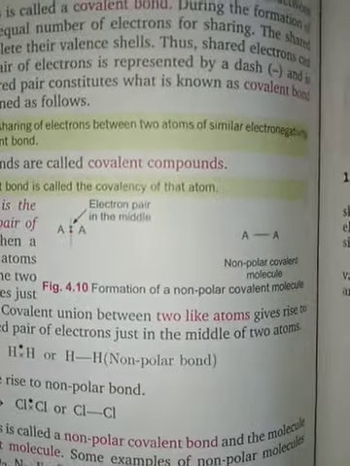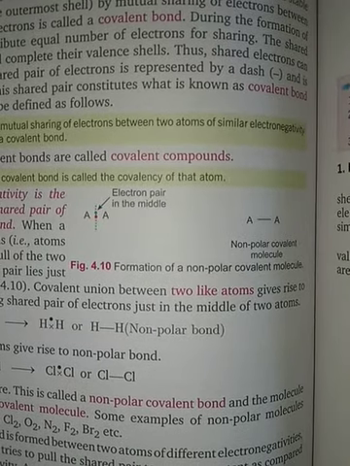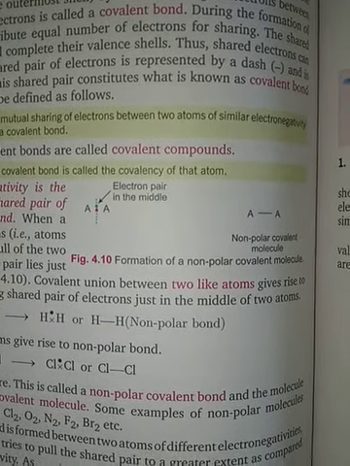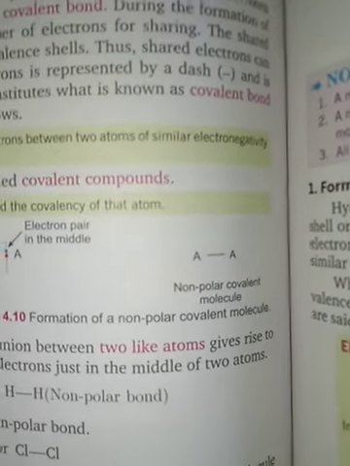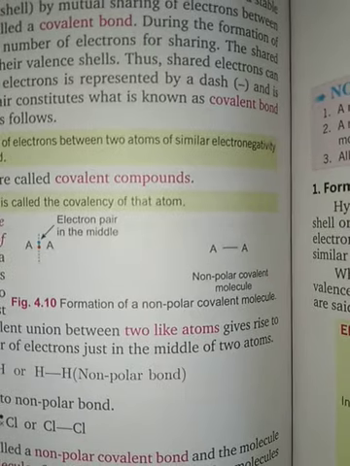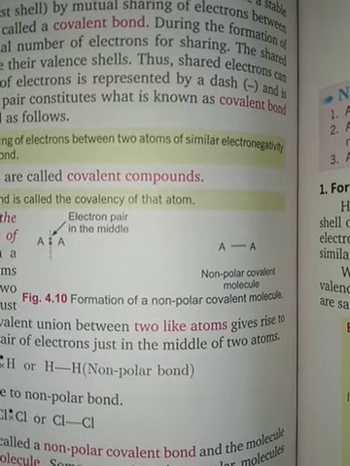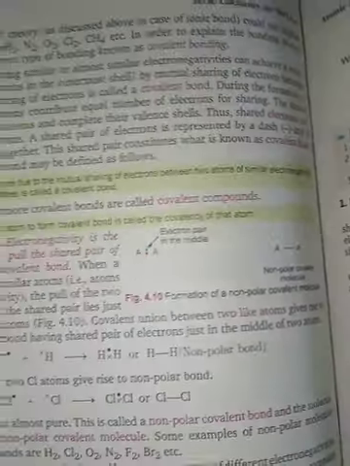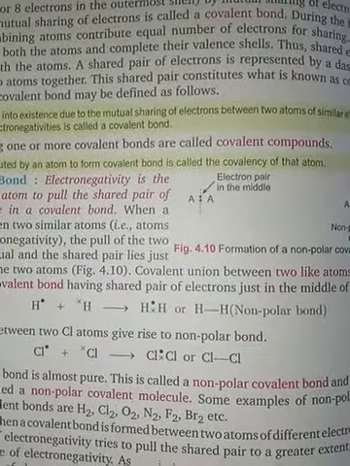Here the electron pair will be just in the middle of these two atoms, and a non-polar covalent molecule, as you know, the covalent bond is denoted by a dash. So try to understand it.